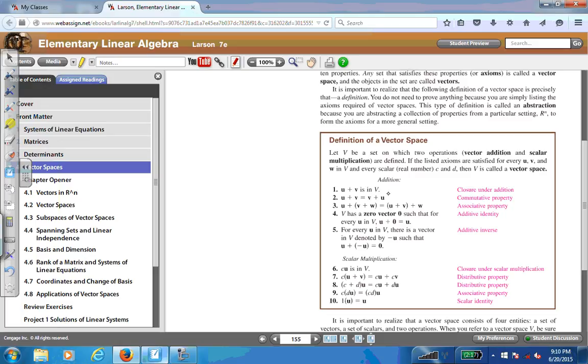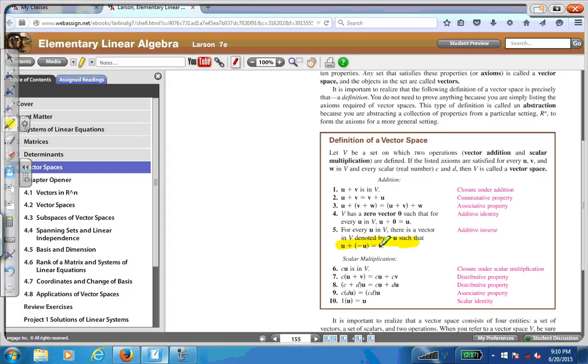And often, if we restrict things to be only positive numbers, one of these that's going to give us trouble is this one, because we have to have an opposite of all elements in our space, such that when we add that element and its opposite, we get 0.